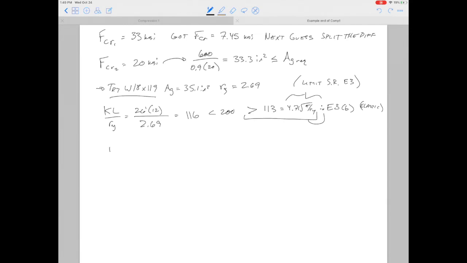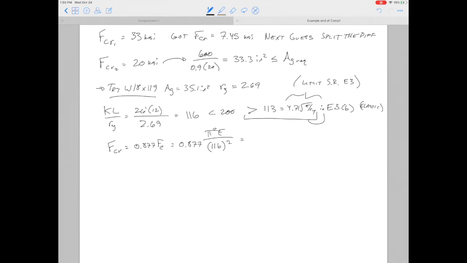Okay, so I get the same relationship from E3B, 0.877 F Euler. I have 0.877 pi squared Young's modulus over 116 squared, right? That's my KL over R, squared. And that gives me, let's just find out.